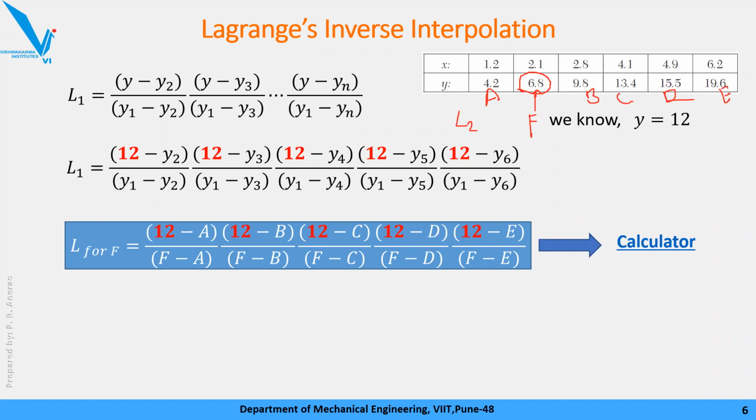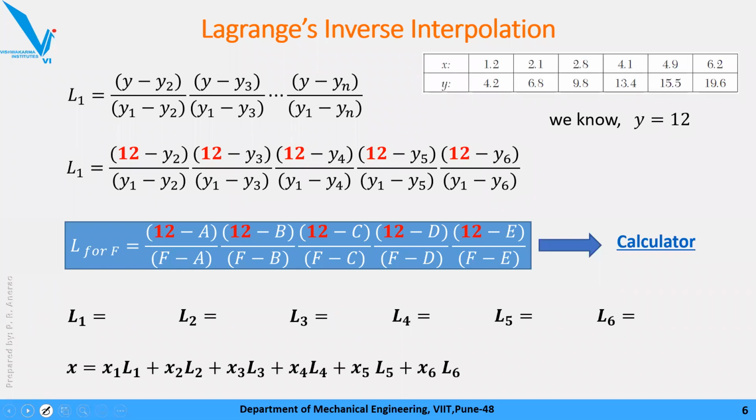I'll give you some time to do the calculation. As we have seen the method of Lagrange's, I know all of you can solve this numerical. After calculating the values of L1, L2, L3 using the calculator, you need to enter them into the expanded series of Lagrange's, x equals x1 L1 plus x2 L2 and up to x6 L6.